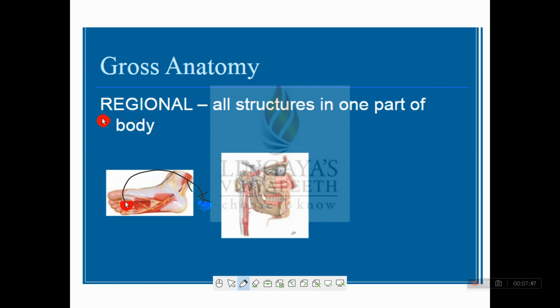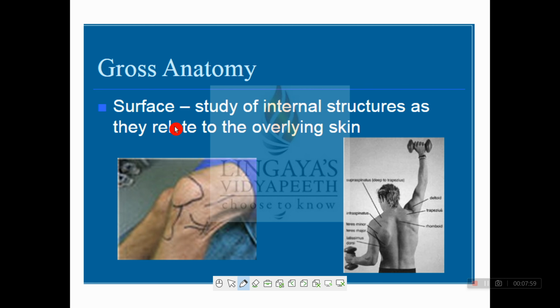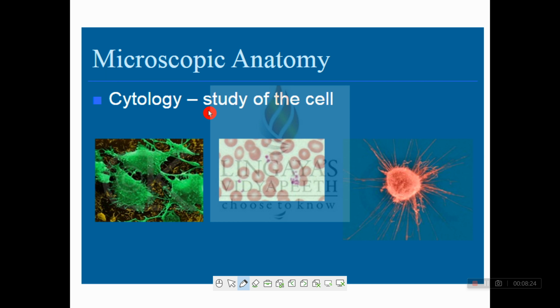is the study of internal structure as they relate to the overlying skin. Alright. Then the study of the internal structures that are not seen with the naked eye, that can only be seen with the help of a microscope.